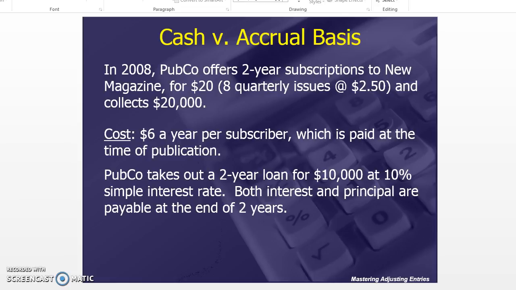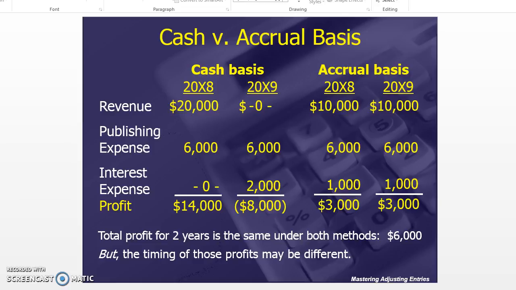We're going to consider both years, 2008 and 2009, because here we are dealing with a 2-year subscription. Under our cash basis of accounting, 2008 was when we collected the entire $20,000, even though the subscriptions were to cover a 2-year period. So under the cash basis, we are going to recognize that entire $20,000 when we received it. The cash came in at that point.